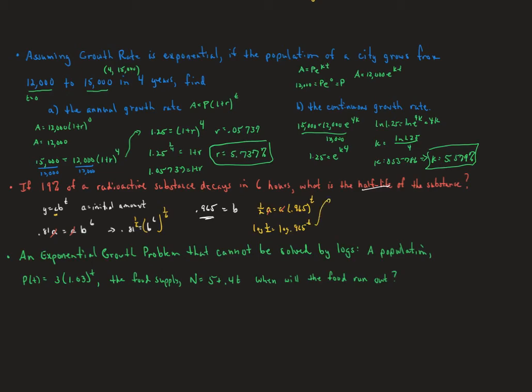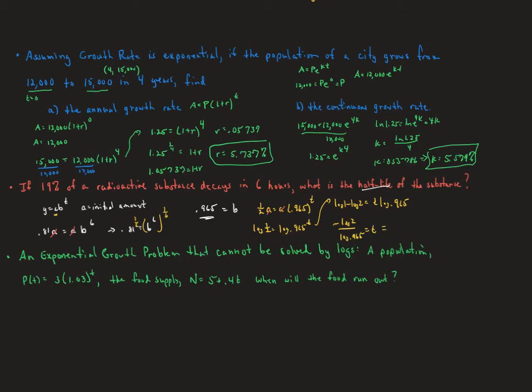So who can resist using these properties of logarithms? That's going to be a t log of 0.965 so far. Log of 1 is 0, so we have negative log of 2 divided by the log of 0.965 is going to be our value of t.